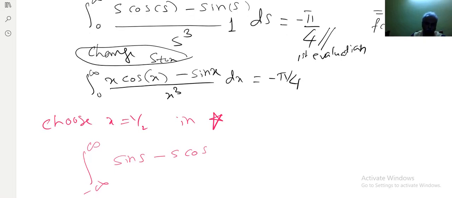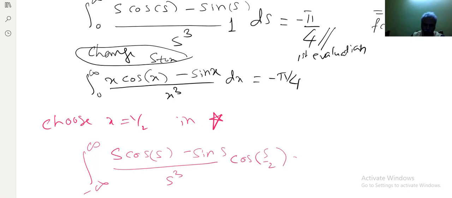So let me write that in the same fashion: s cos s minus sin s divided by s cube, cos of s by 2 with respect to s was minus pi by 4 into f of half, and that f of half was 1 minus x square.